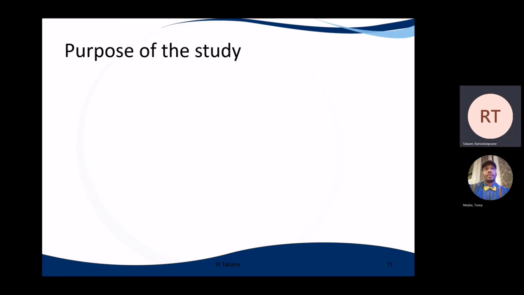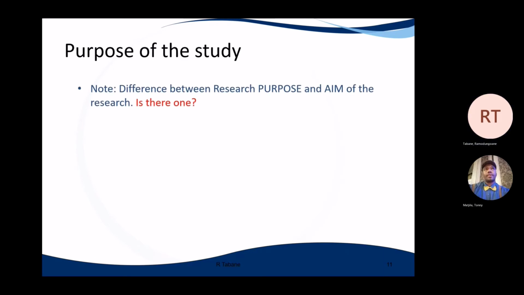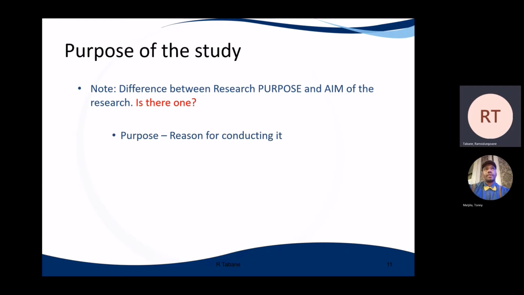Purpose of the study, the next section. Here, it is very important to distinguish between a research purpose and the aim of the study. So the purpose indicates the reason, rationale again, the reason for conducting it, not the feeling for conducting it, the reason for conducting your study.